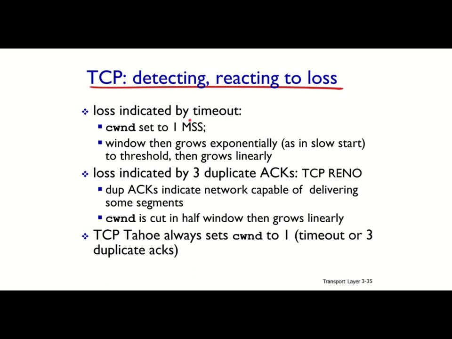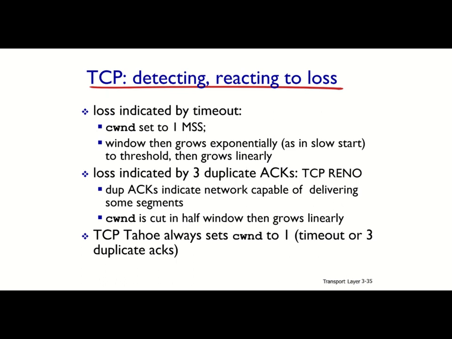So you have to bring the CWND all the way to 1 MSS. However, if the loss is indicated by 3 duplicate acknowledgements, for example, if we receive 4 acknowledgements with the same acknowledgement number 100, the one that we saw before, then it means that the network is not that congested.